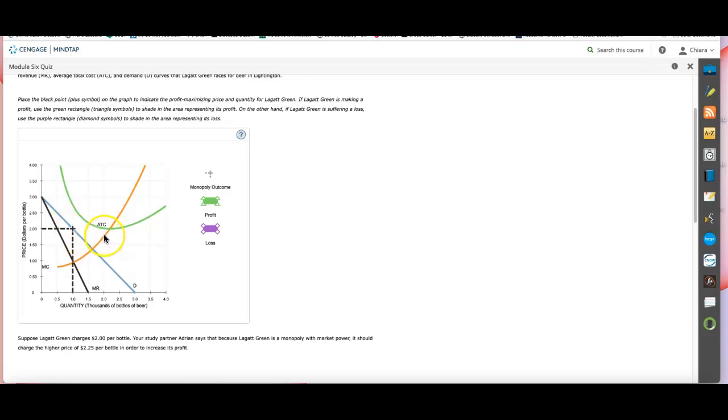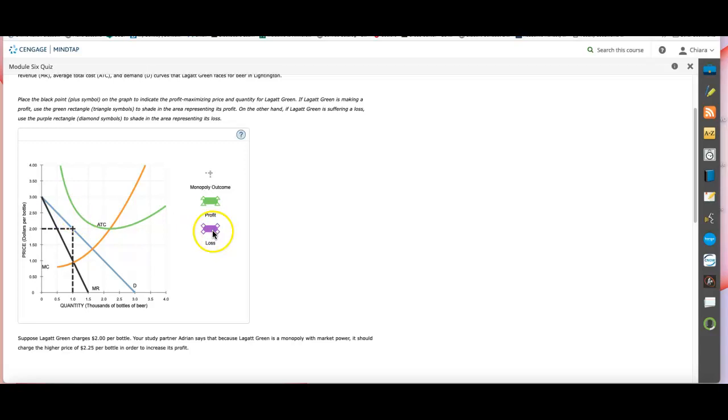So I know for a fact that the beer company is actually making a loss because the price it can charge is below the average total cost per item, right? So for every unit it sells, it's losing the difference between the price it can charge and the cost to produce that unit.